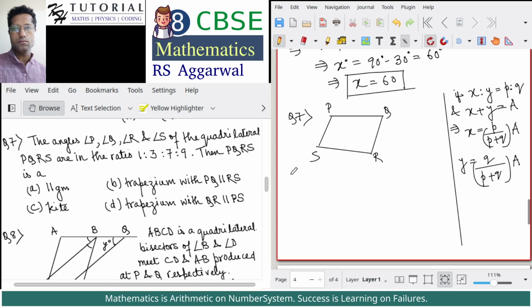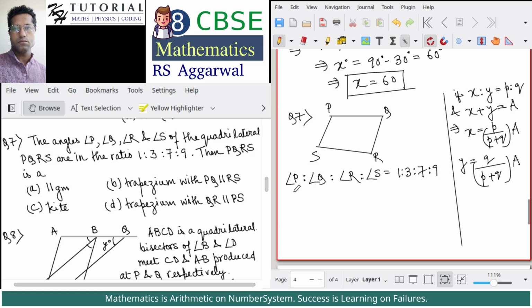It is given that angle P is to angle Q is to angle R is to angle S is 1:3:7:9.